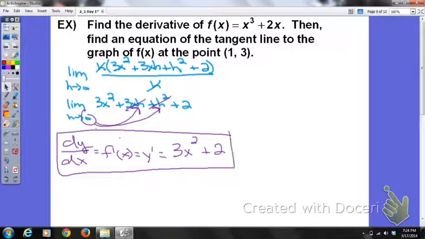As I said earlier, this is what we can essentially call our general form, which will yield us the slope at any point of our tangent line.